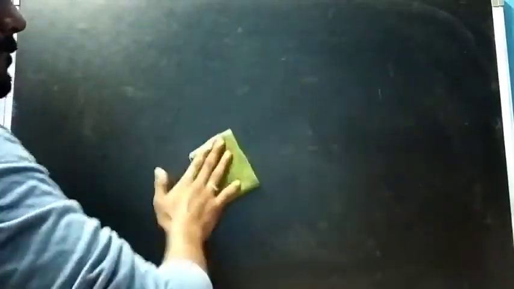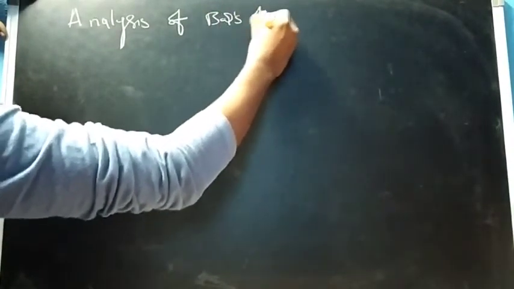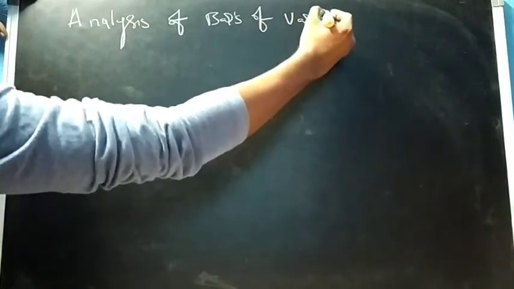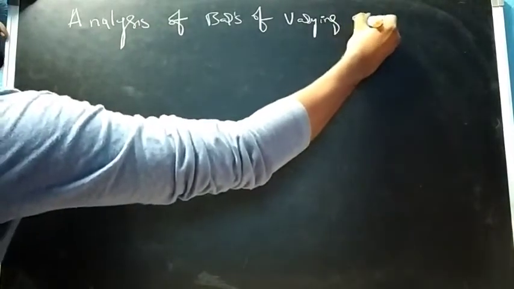Analysis of bar at various sections. This is a new topic. So we'll try to analyze a bar of various section, or varying section, varying in cross section, right?